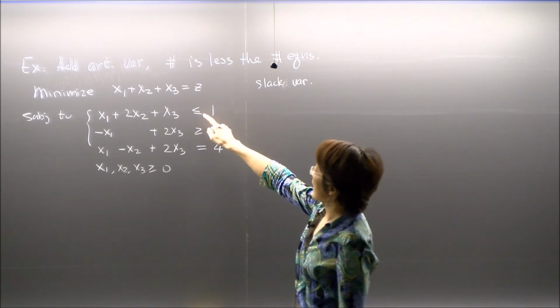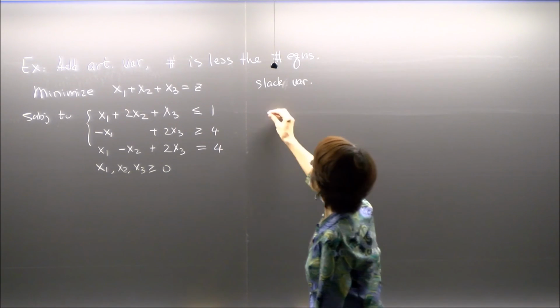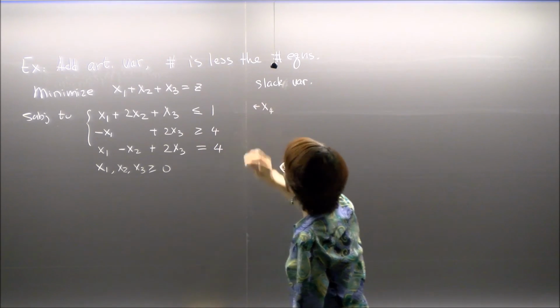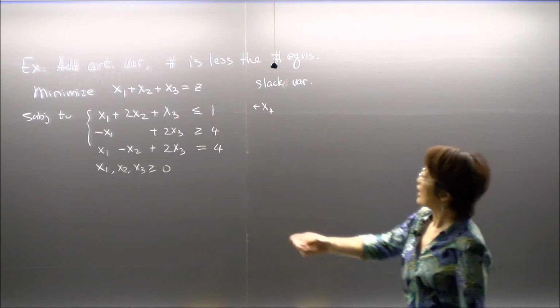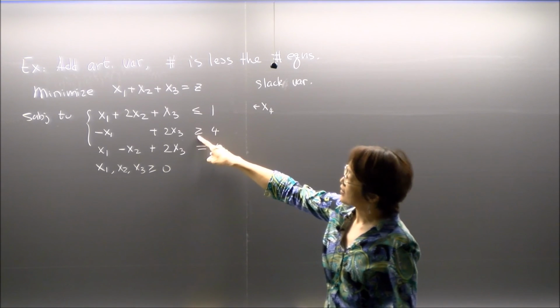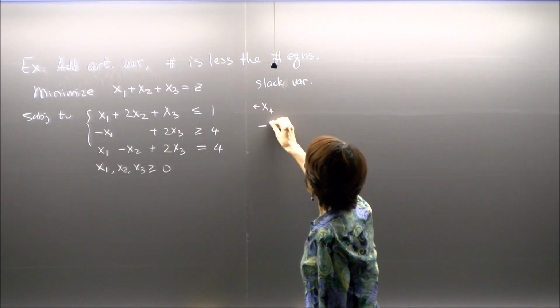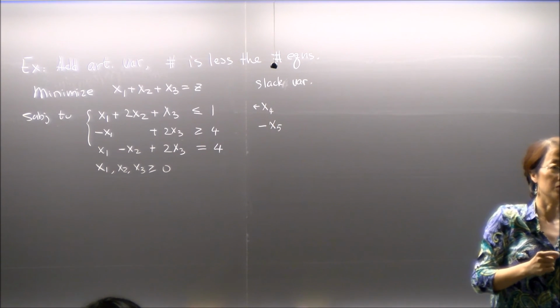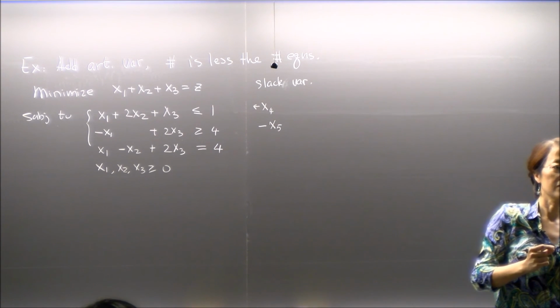If it's less than or equal, I will add a slack variable, let's call it x4, on the left for this equation. And the second one is bigger than or equal, so I need to subtract something from the left so it can be equal.